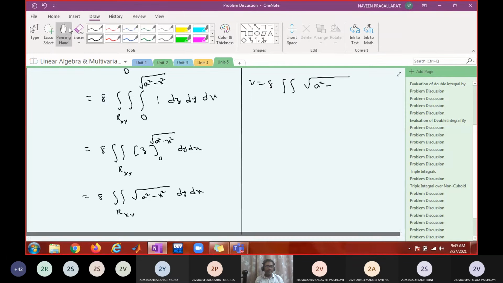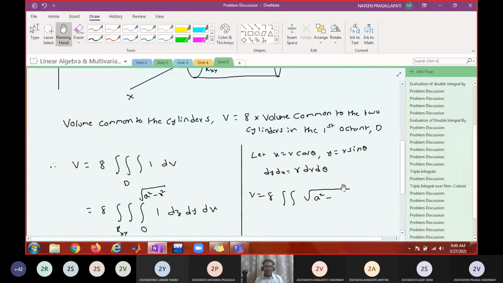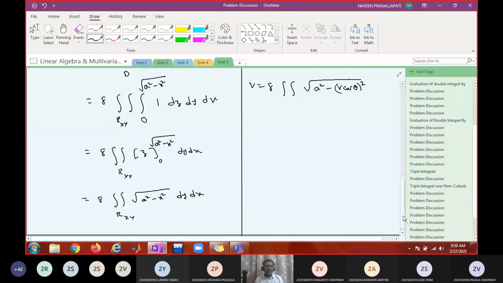Therefore volume is equal to 8 times the double integral of root of a square minus, what is x square? What is x? X is r cos theta, whole square. I think polar is easier, or Cartesian is easy?